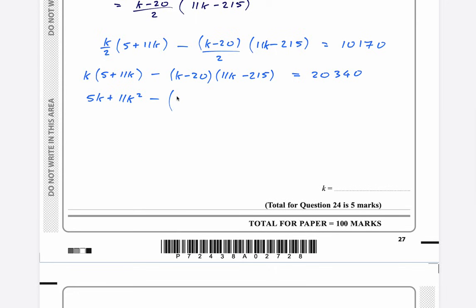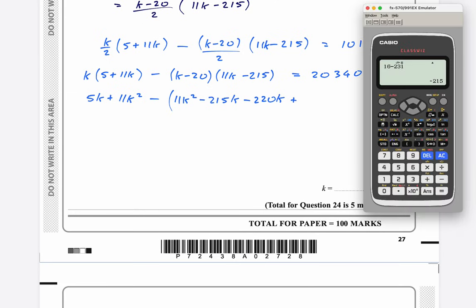K times 11k is 11k squared. K times minus 215 is minus 215k. Minus 20 times 11k is minus 220k.